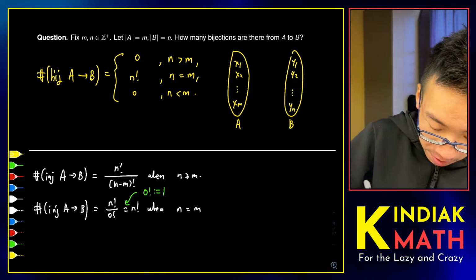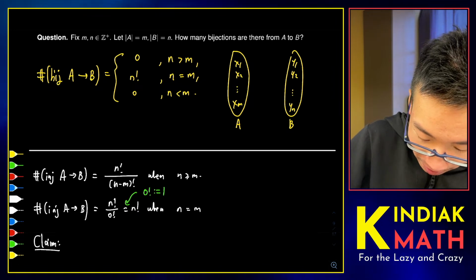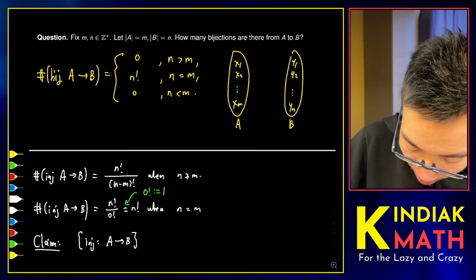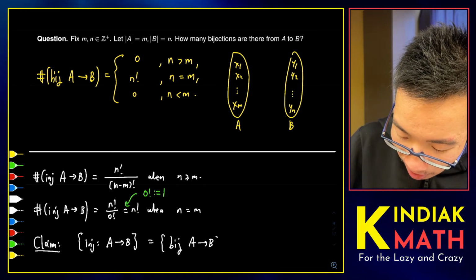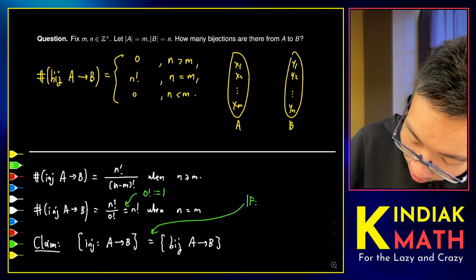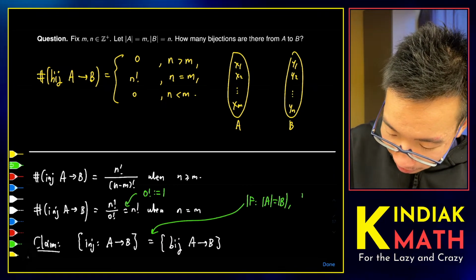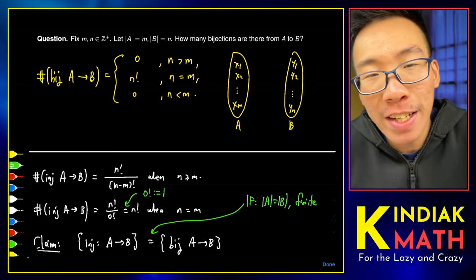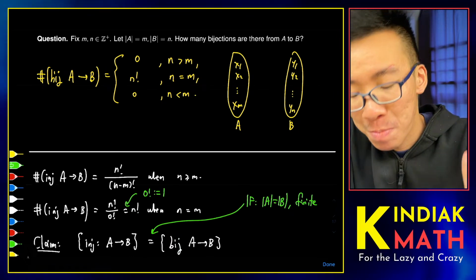Here's the claim: the collection of injections from A to B is the collection of bijections from A to B under one condition, if A and B have the same cardinality and are finite. Once it's infinite, you don't get such nice results anymore. But when it's finite, you do get this result, and that is rather surprising. It's like, wait a minute, it works? Yes, it actually works.